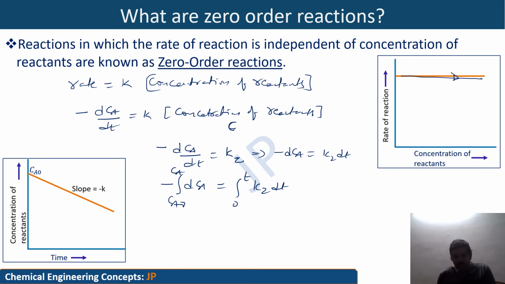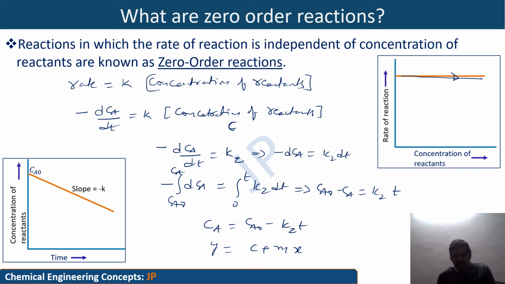If I put in the integration constant, finally I arrive at the expression Ca0 minus Ca equals Kz into t. So if I rearrange, Ca equals Ca0 minus Kz into t, which is of the form y equals c plus mx.